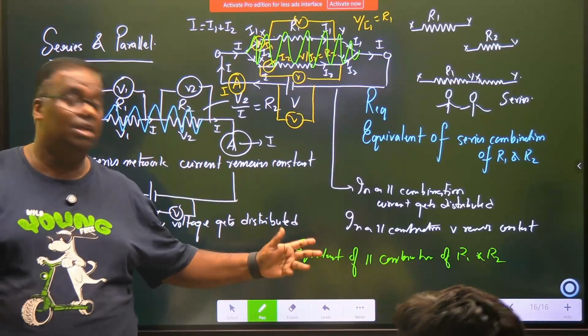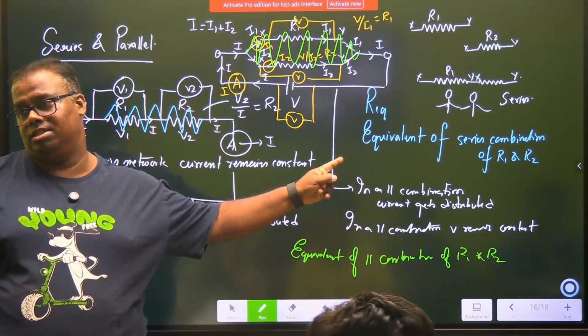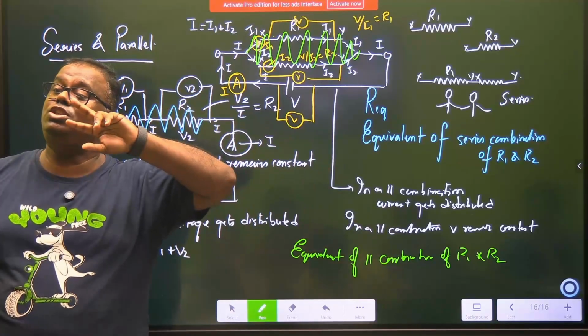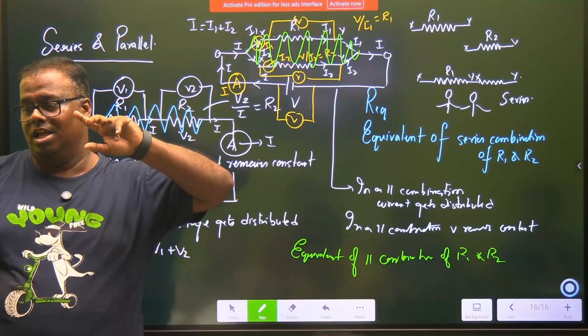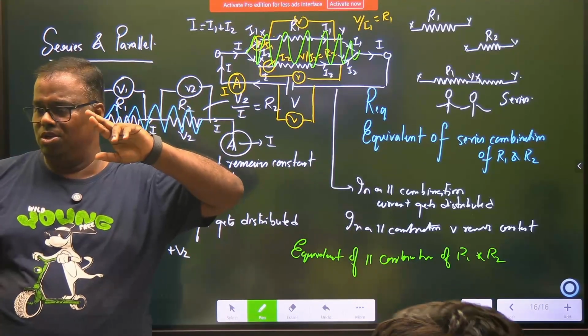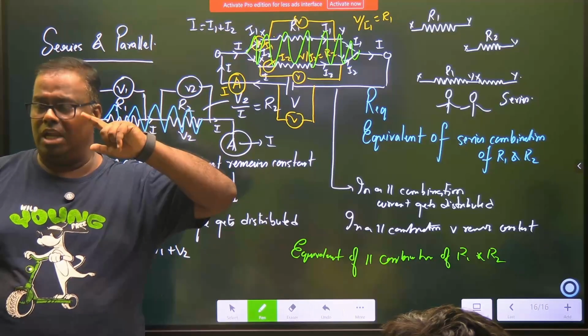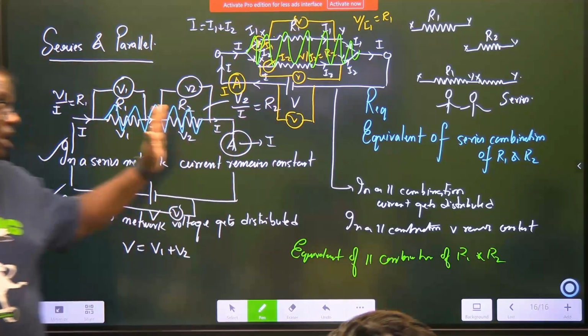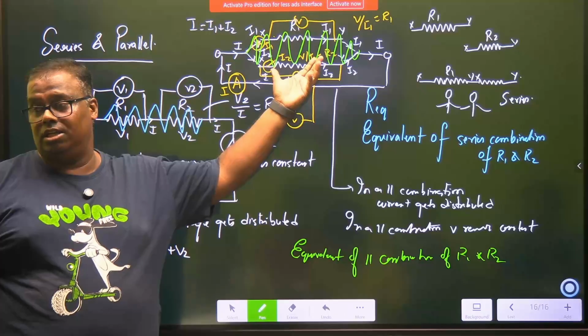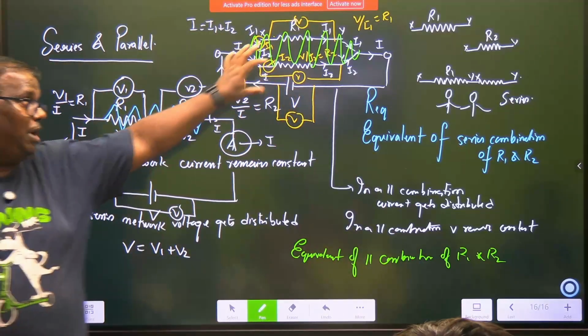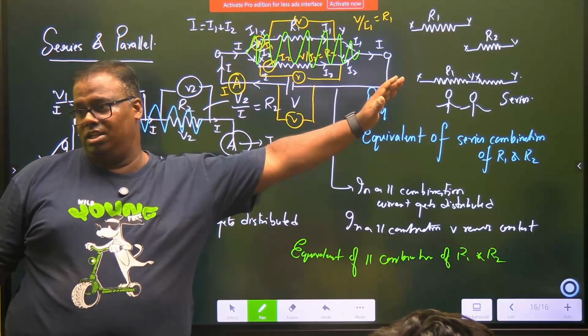Can I do that? That we will see in our next class. It means I have to change the way I connect resistors, either some series combo, some parallel combo, end of the day I have to achieve it. There can be a network which will have a parallel as well as a series.